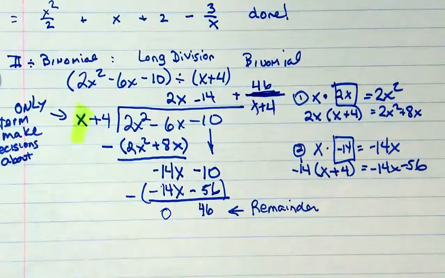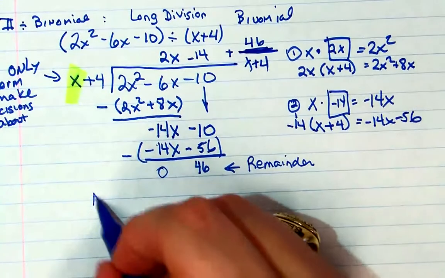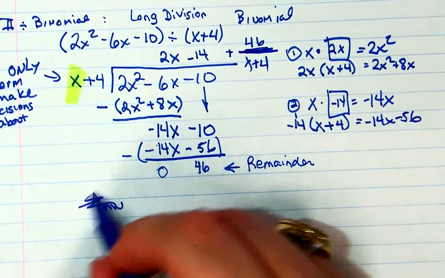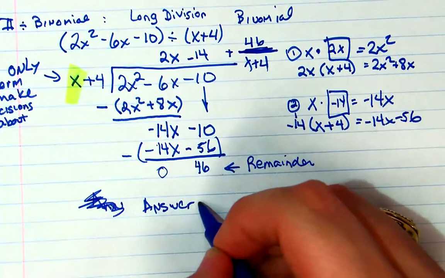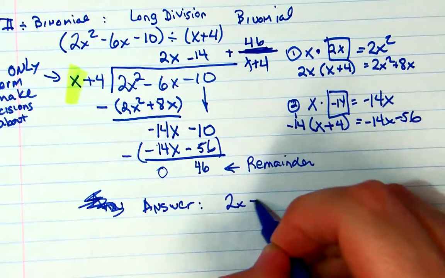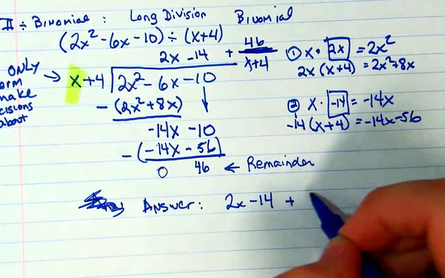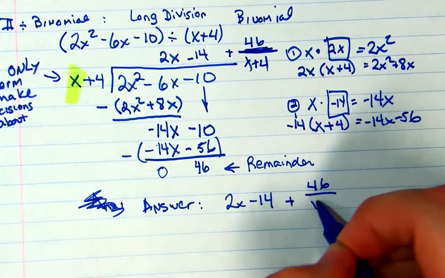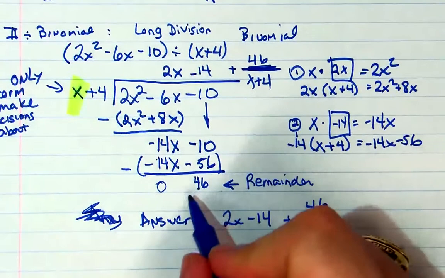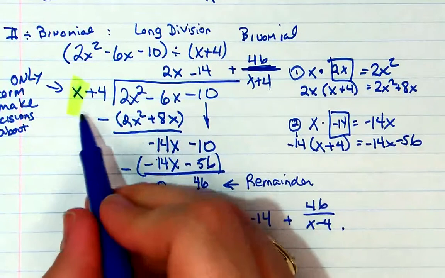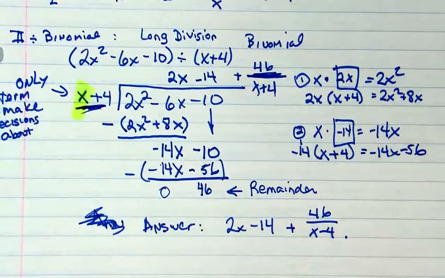And we're all done. So the answer is going to be 2x minus 14 plus 46 divided by x plus 4. And that's what we end up with. Whatever your remainder is, it's just going to be over this number right there.